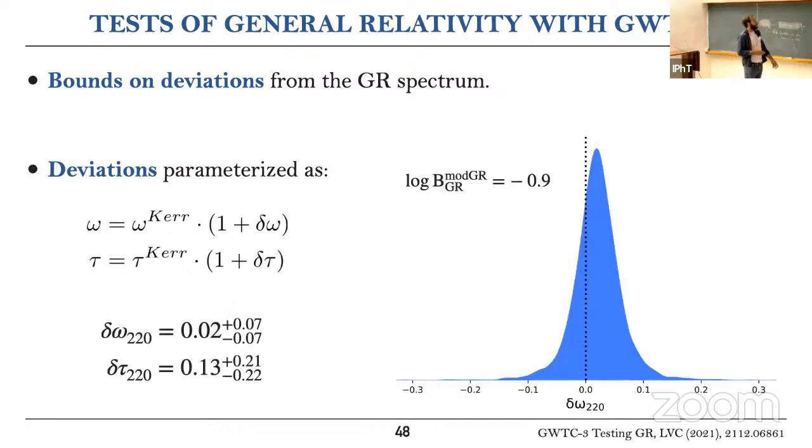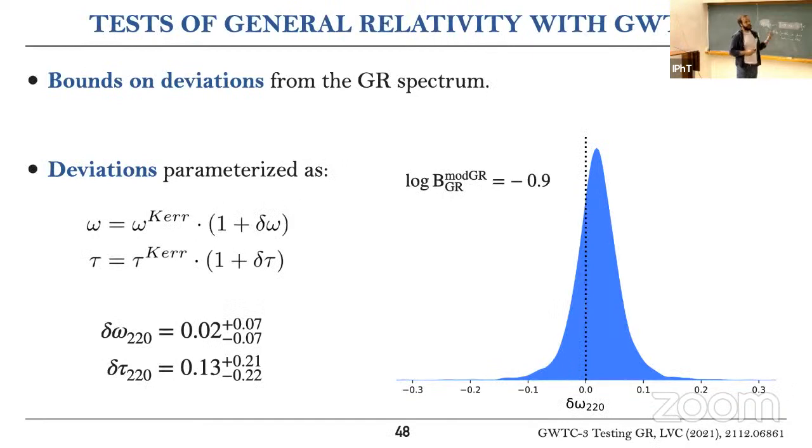We have done that, and the result here is that omega, for example, this is the deviation on the fundamental mode, is compatible with 0, with an uncertainty of, let's say, more or less 10%, 7% here, which is nice and fine, but how do I interpret this? This is just telling me that for the moment, we observe a spectrum which is consistent with GR at the level of 5–10%. That's it.